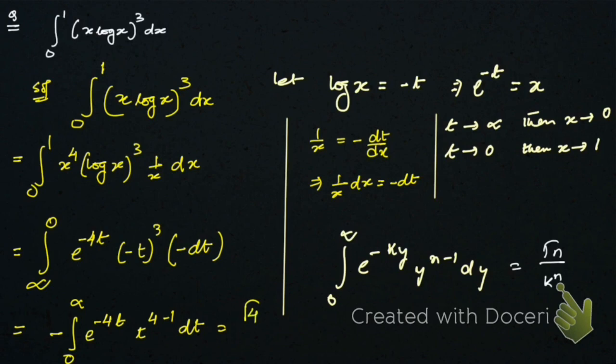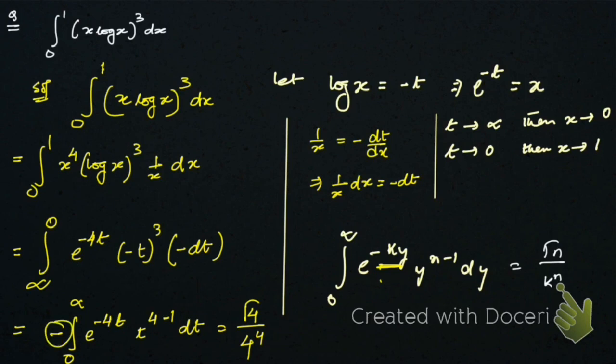So gamma 4 divided by k to the power n. Here k is nothing but 4, so we can write 4 to the power n, and n is 4, so 4 to the power 4. That is what we will get.